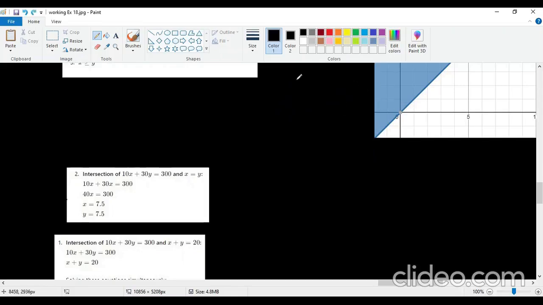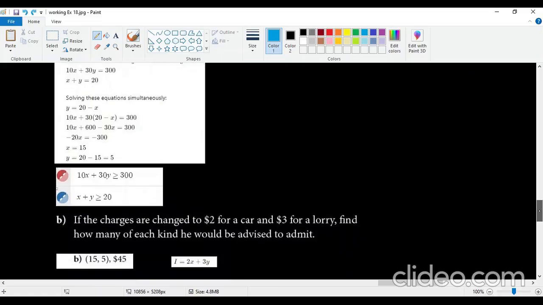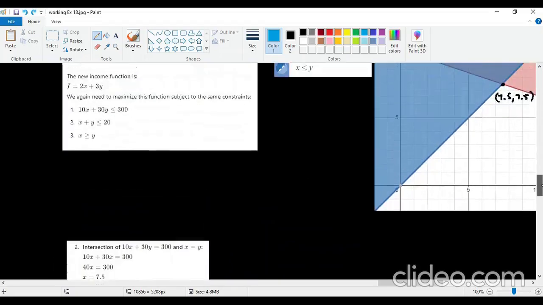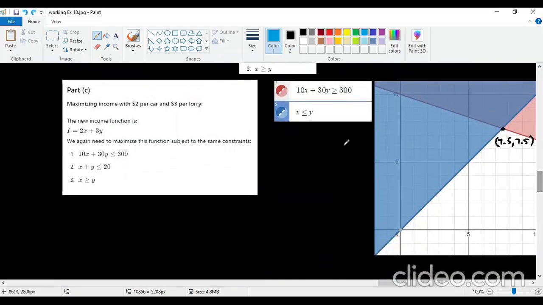Now once we do the calculations for the first one, income equals 2x plus 3y. That means 2 times the x value, 7.5, plus 3 times y, also 7.5.